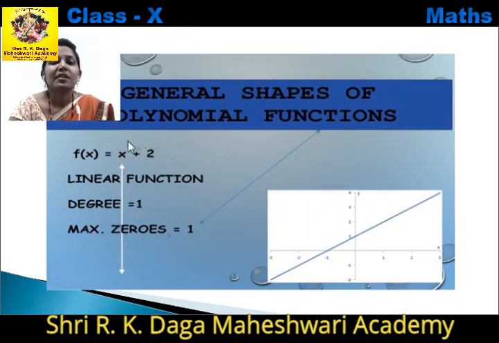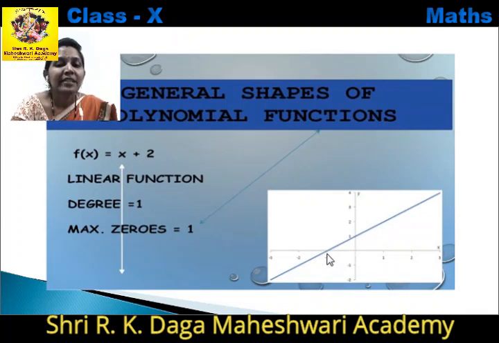This polynomial can have only 1 zero because it is a linear polynomial and the highest power of x is 1. So it may have only 1 zero. In this graph you can see a linear graph, and on x-axis this intersects at only one point. So it is a linear graph having maximum 1 zero.